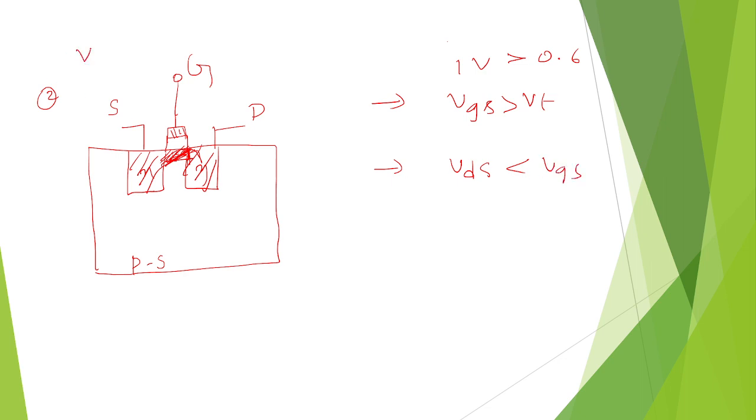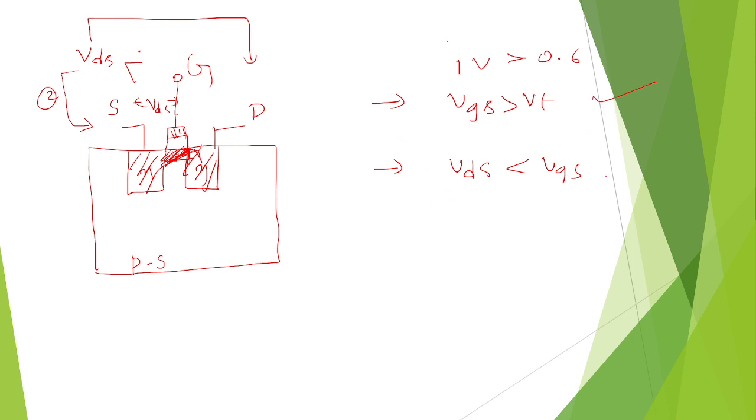VDS is the voltage between drain and source, but it is less than or equal to VGS, the voltage between gate and source. So here also the channel is established and the depletion layer starts to decrease, but VDS is insufficient.